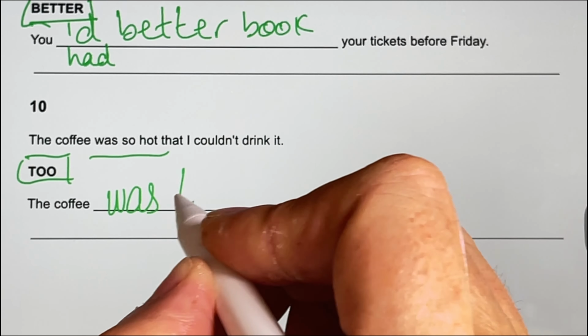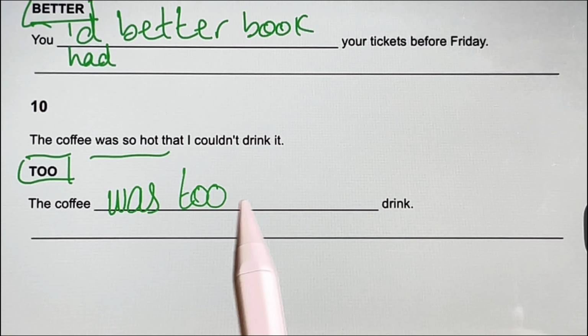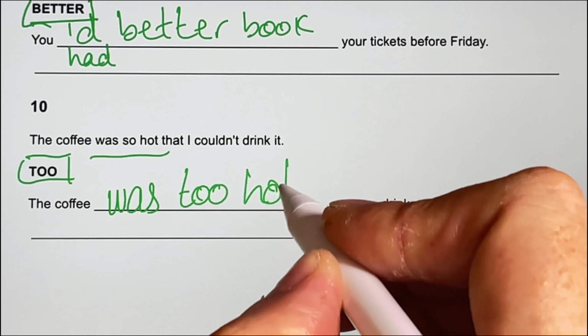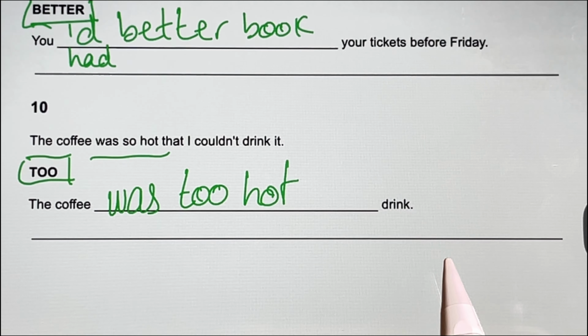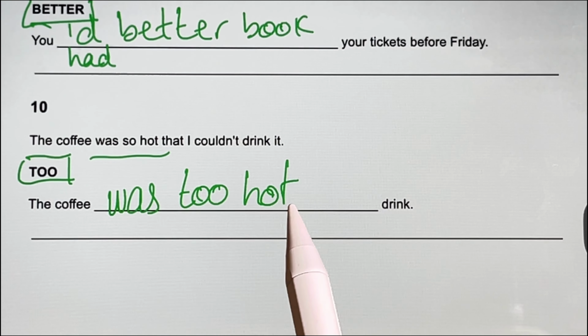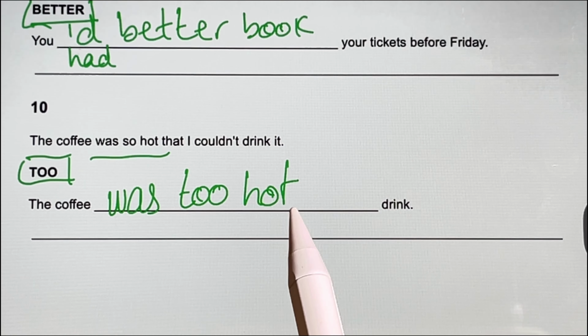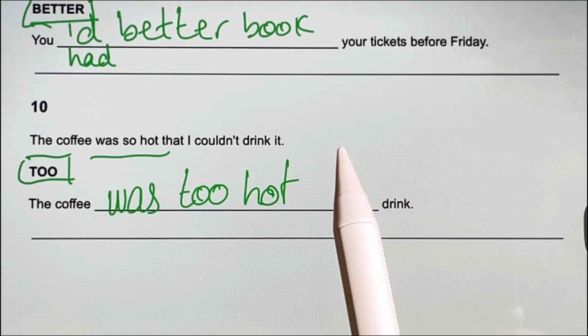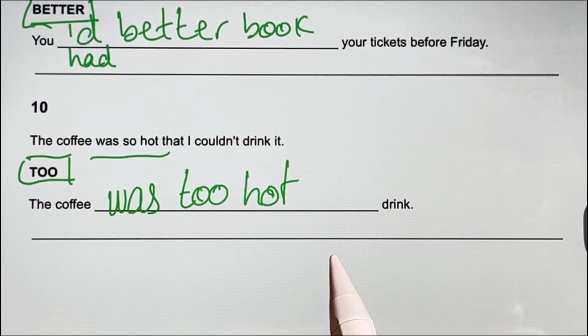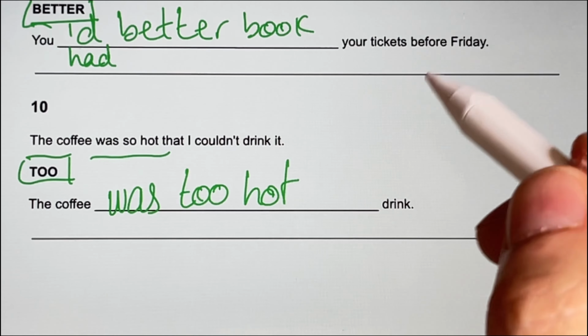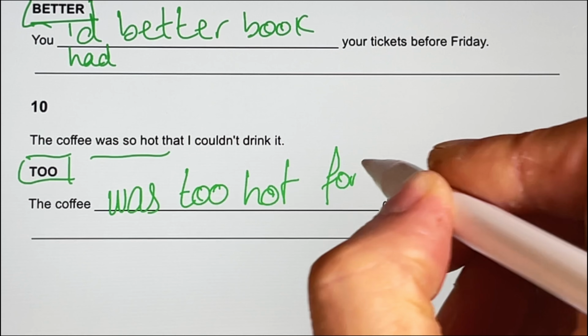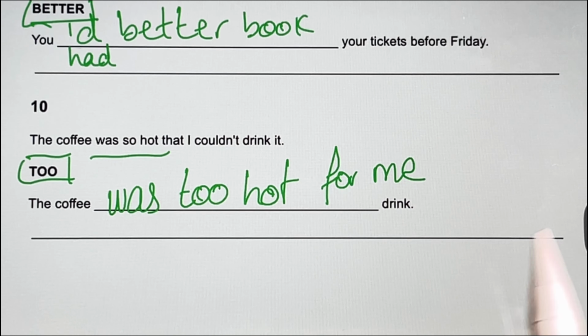Was too, and we have to put the adjective. Too hot. Now, here is when it gets a little bit complicated, okay? Who couldn't drink the coffee? It was me. So the coffee was too hot for me to drink.